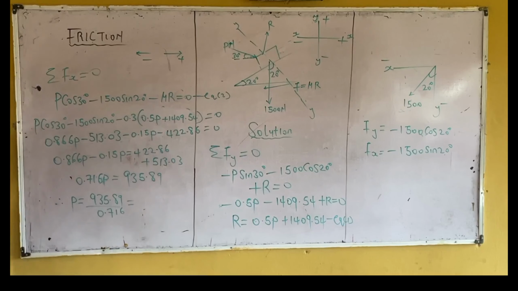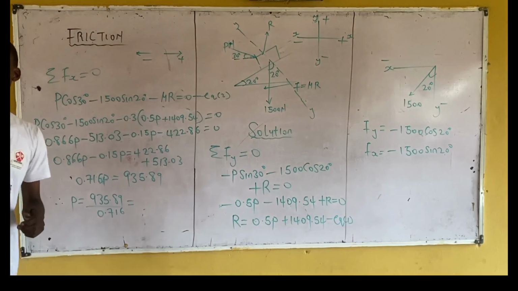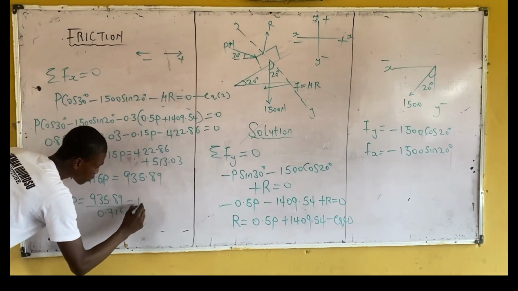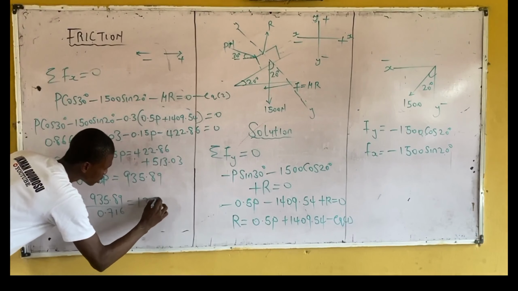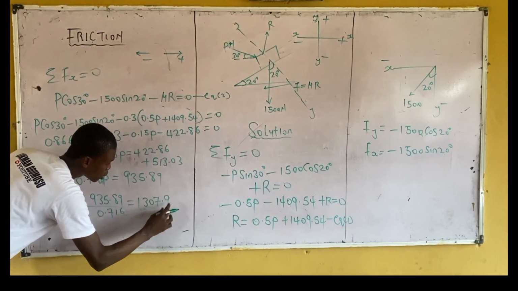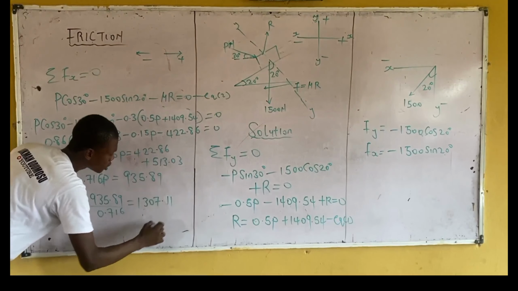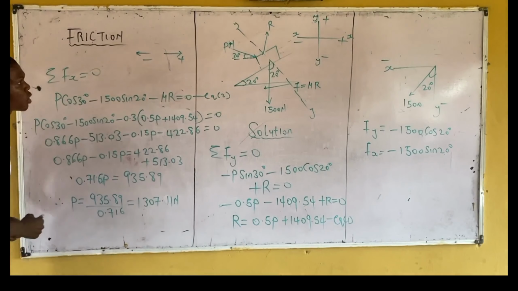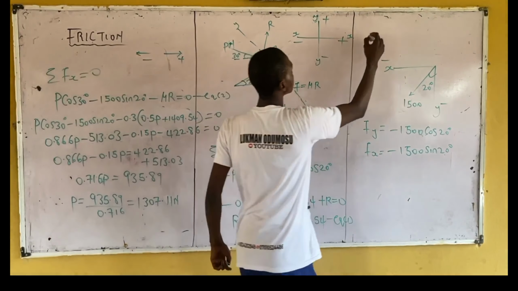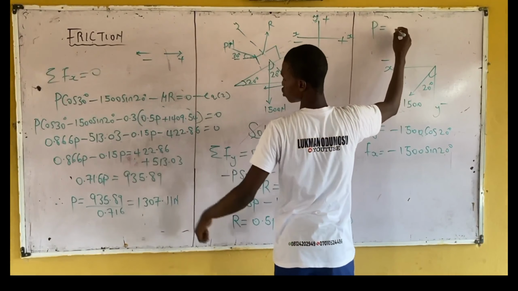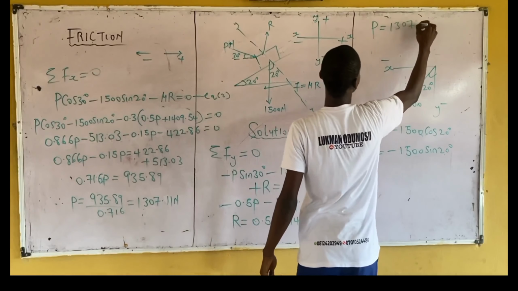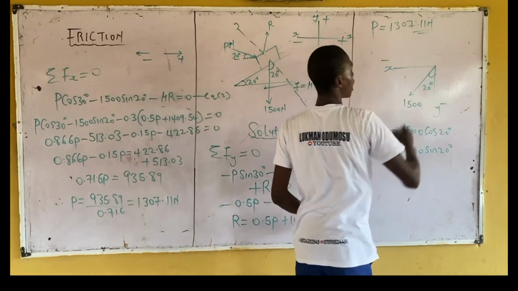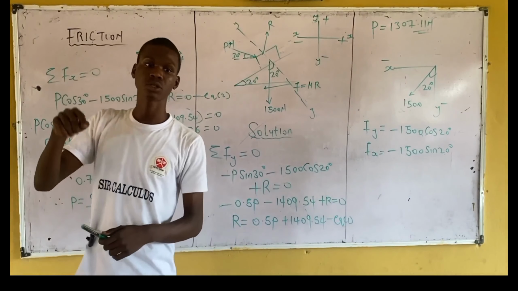And this is equal to what? 1307.11. What will be the unit? Newton, yes. Okay, from here, P is equal to 1307.11 Newton.